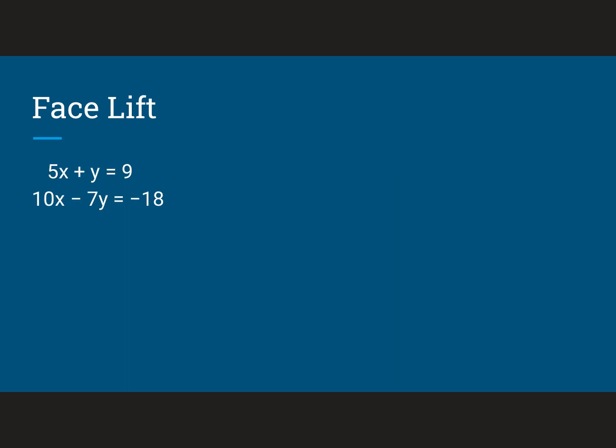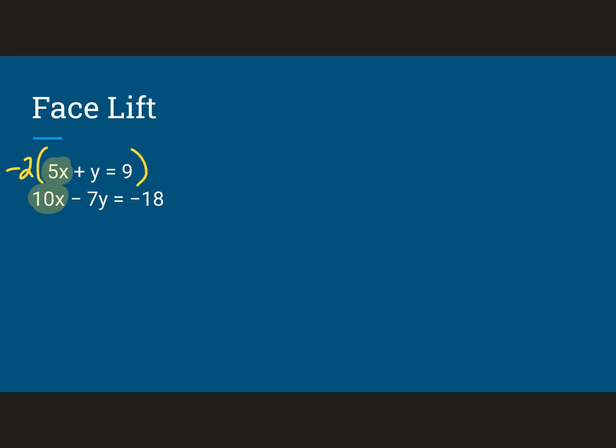So let's look at this one. I can see here that I have a 5x and a 10x. Now, those aren't the same number, but I can turn a 5 into a 10 really easily. All I have to do is multiply. Remember, I actually want it to be a negative 10, so I can multiply by negative 2.